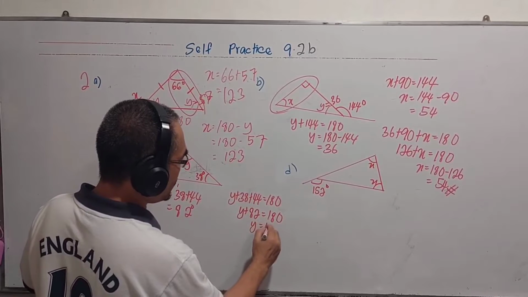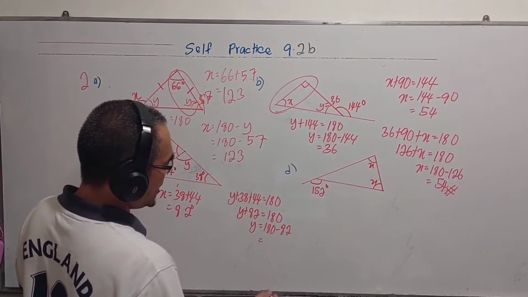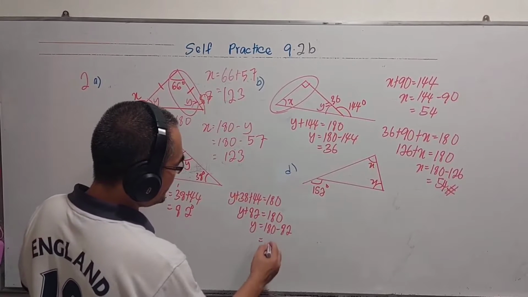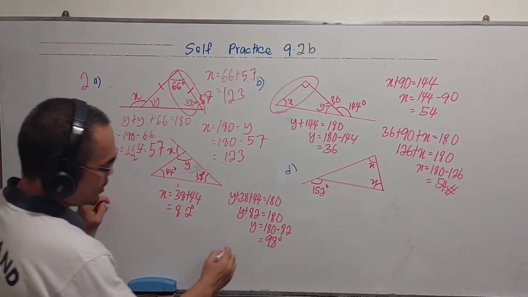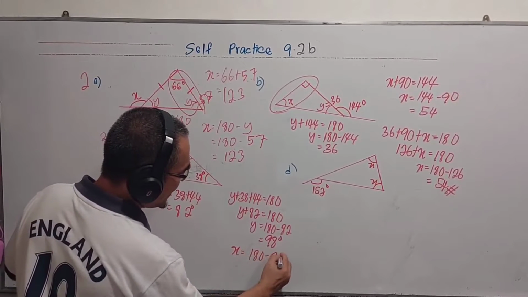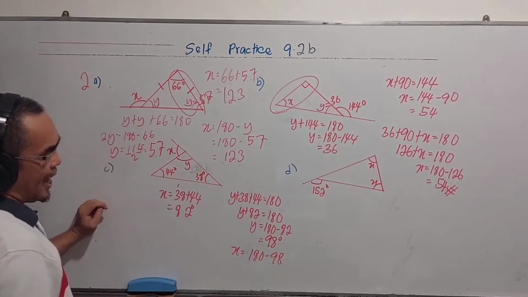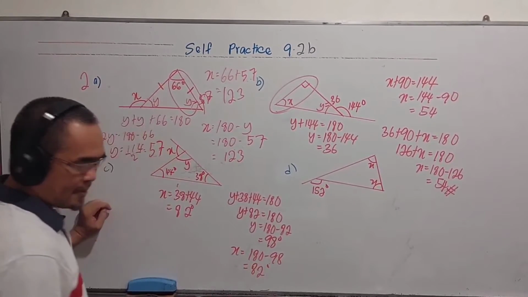So y is 180 minus 82, which is 98 degrees. So x is 180 minus 98, because this is a straight line. So it is 82 degrees.